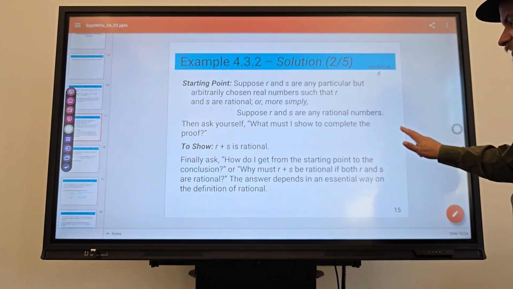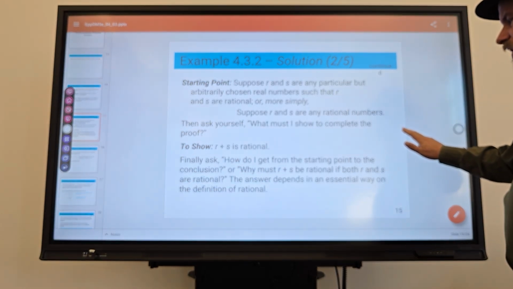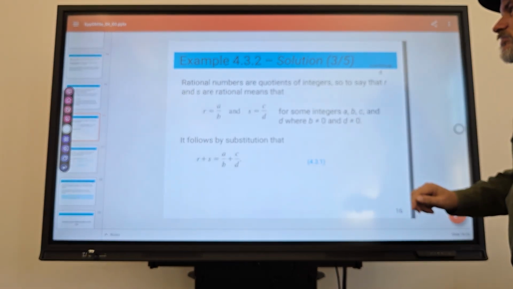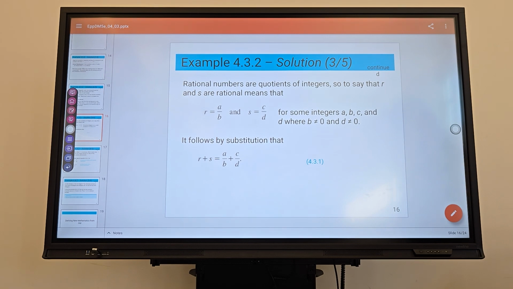The answer depends in an essential way on the definition of rational. Rational numbers are quotients of integers, so to say that R and S are rational means R equals A over B and S equals C over D, where A, B, C, and D are integers and B and D are not equal to 0.